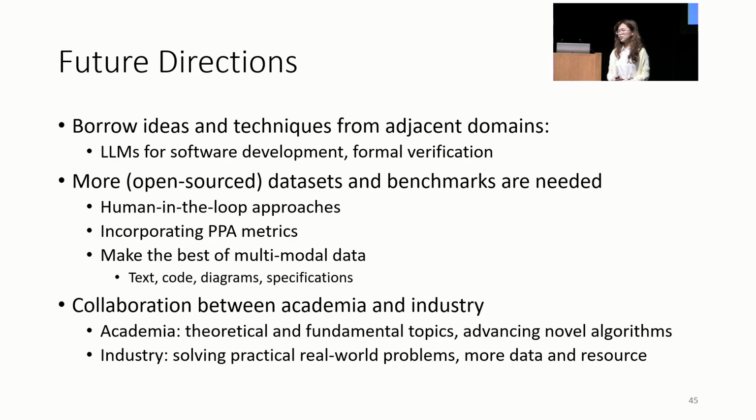But in industry, I think people care more about solving practical real-world problems. And actually, in industry, people have more data and resources for this topic. So compared to other LLM for system design or software design, I think it has a greater need that academia and industry should collaborate together.